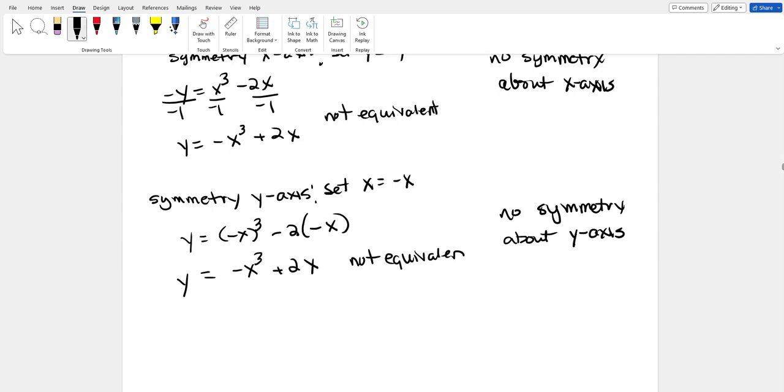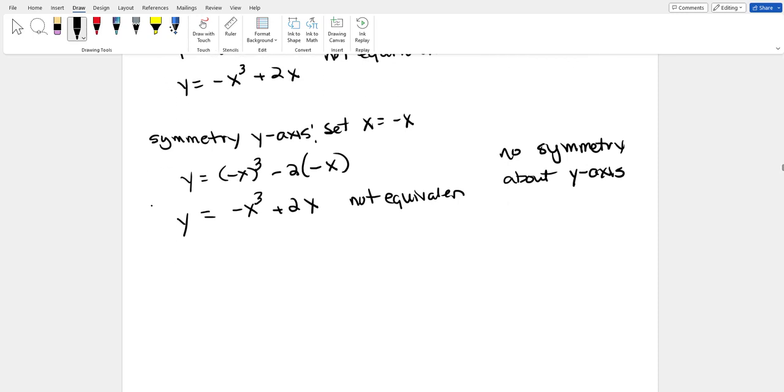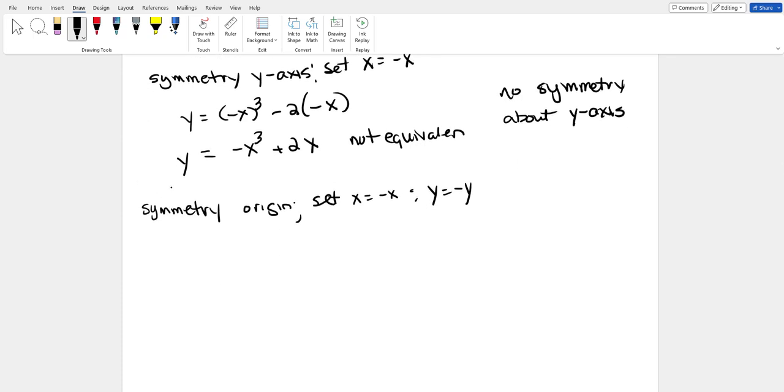We know that negative x cubed is just negative x cubed, and then this is plus 2x. Divide everything by negative 1. I get y is equal to x cubed minus 2x. This is equivalent to our original problem. So that means we have symmetry about the origin.